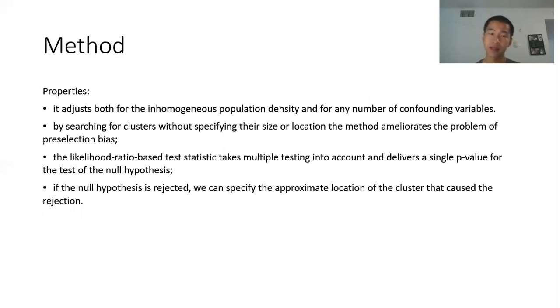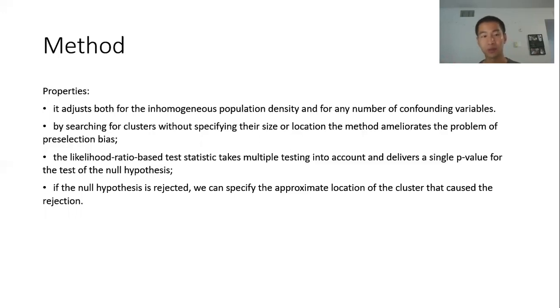This scan statistic has certain properties. It adjusts for inhomogeneous population density and for any number of confounding variables. It can search for any cluster, irrespective of size or location.